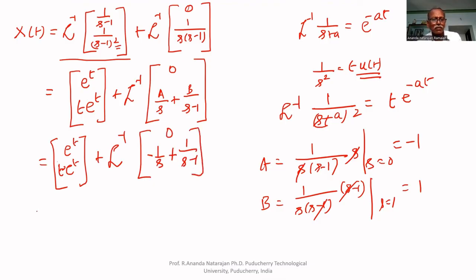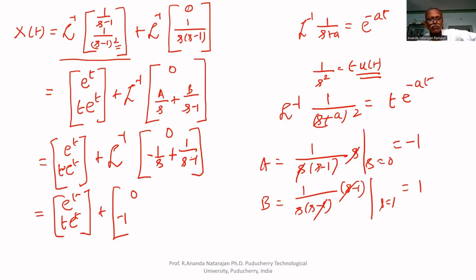If you take the Laplace inverse, you will get e power t, t e power t, plus minus 1 (Laplace inverse of 1 by S is 1) plus e power t. If you add these together, what you will get is e power t minus 1 plus (1 plus t) times e power t.